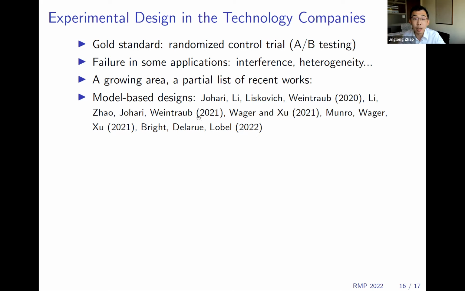And the second paper, and also they have some recent follow-ups. And also by Stefan and Kwang, and their follow-up paper, they talk about trying to run experiments under equilibrium effects.